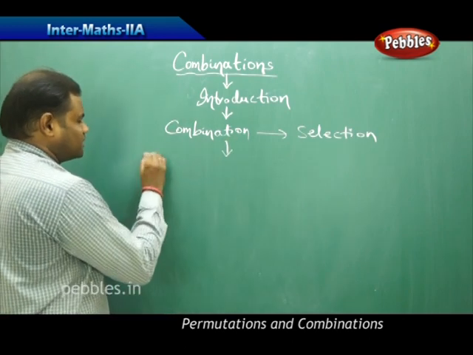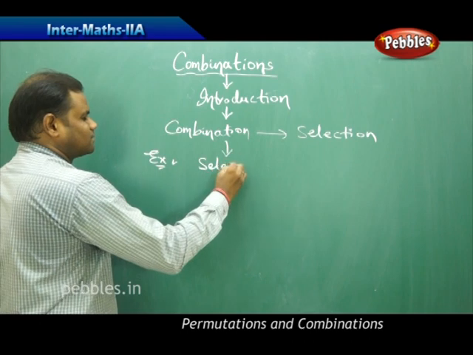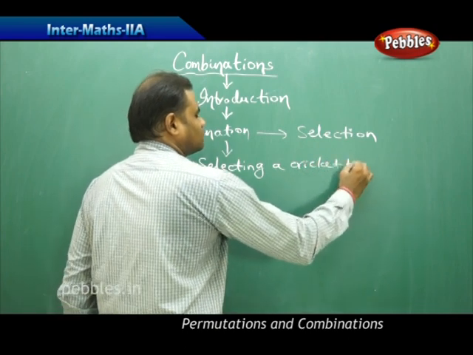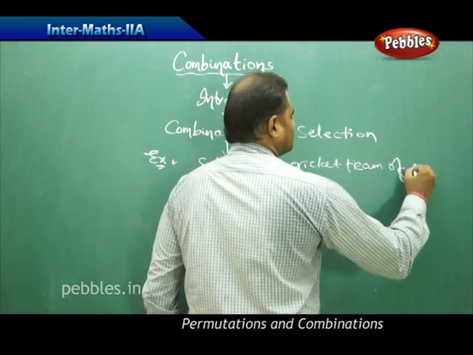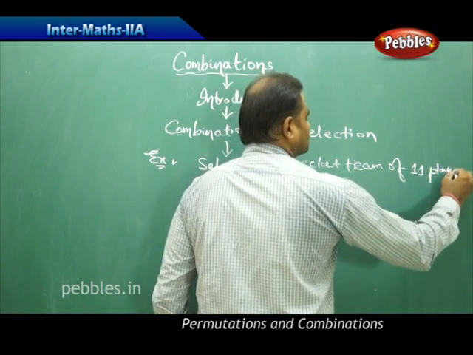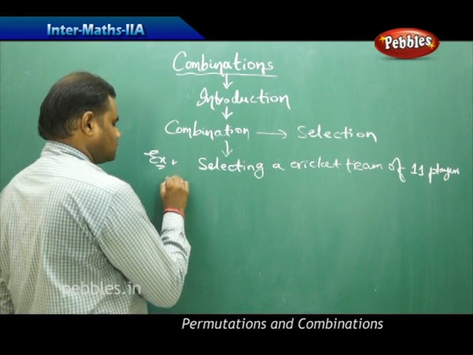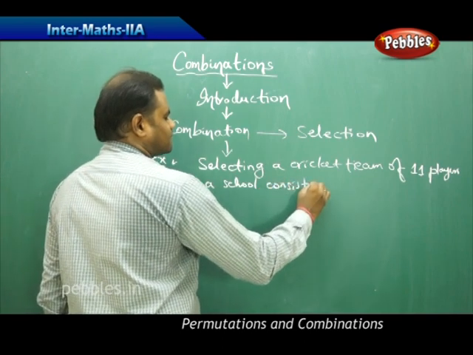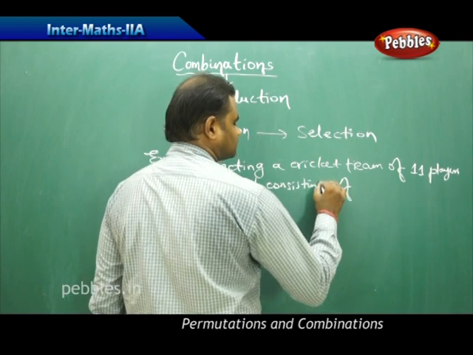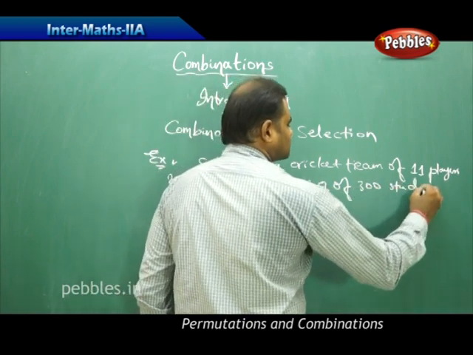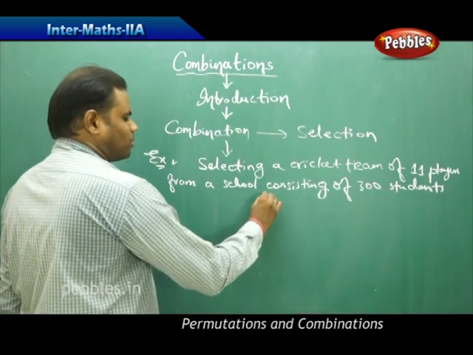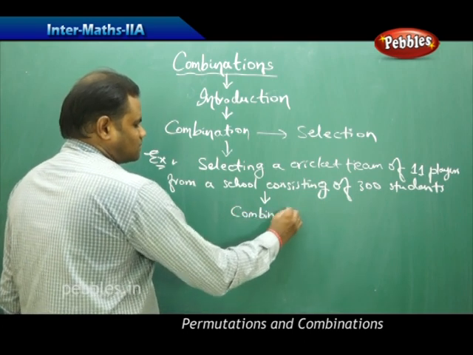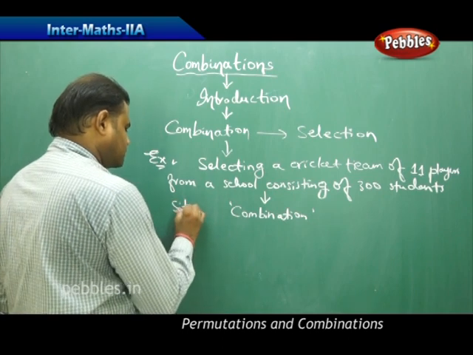That is, if I take a situational problem where I select a cricket team of 11 players from a school consisting of 300 students, is purely a problem based on combination situation.